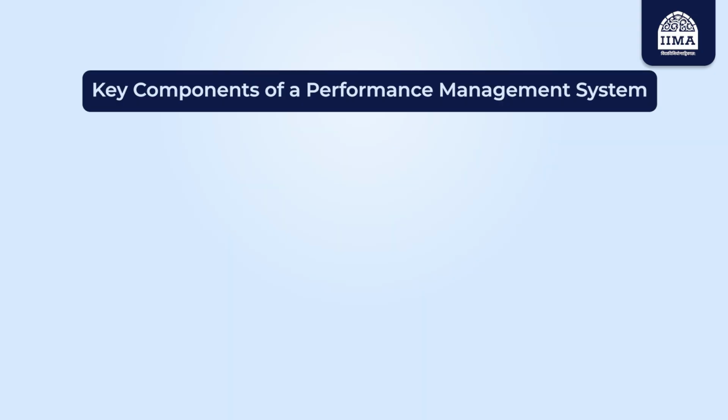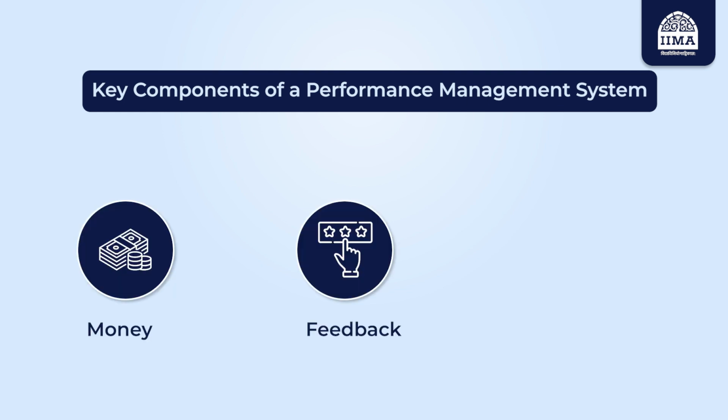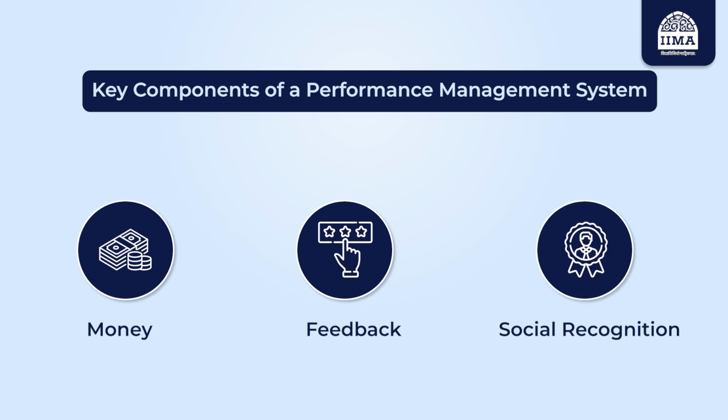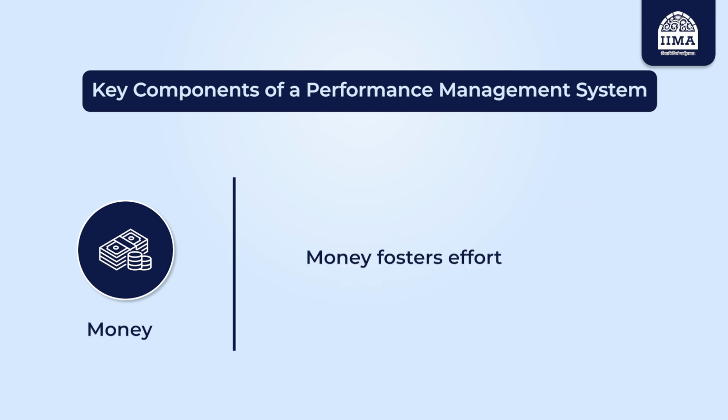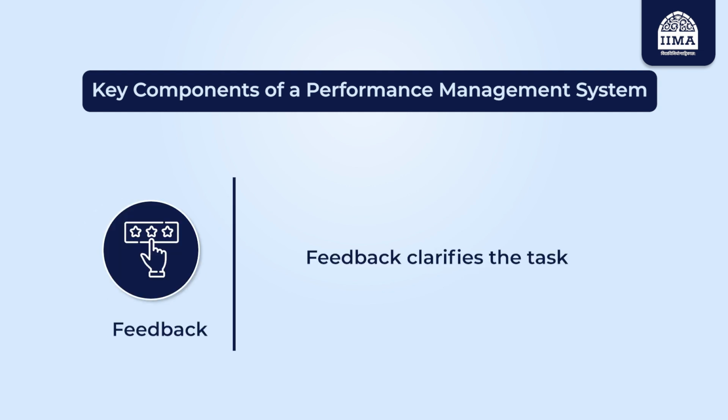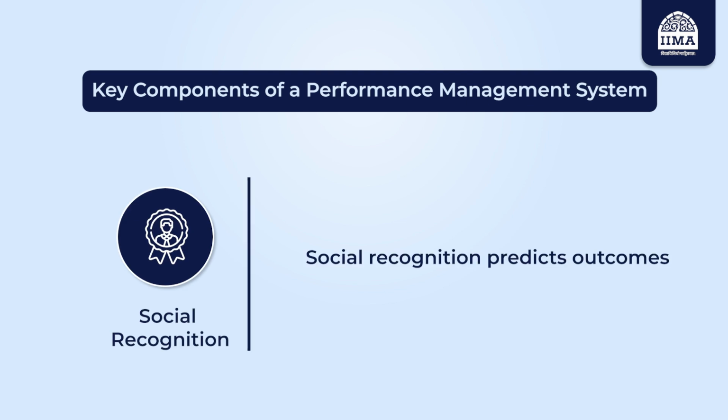In a performance management system, there are three key things that we are looking for: money, feedback, and social recognition. All three things are an aim of what performance appraisals can lead to. Money will foster effort, feedback clarifies the task, and social recognition predicts outcomes.